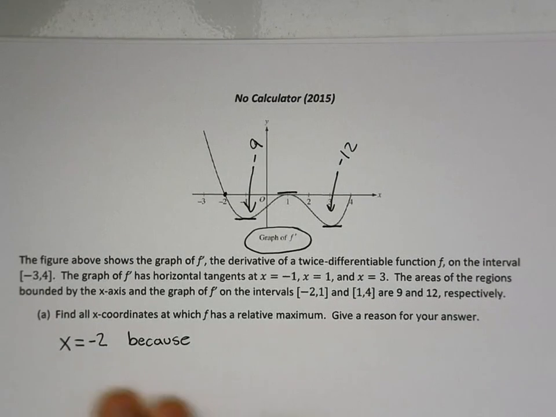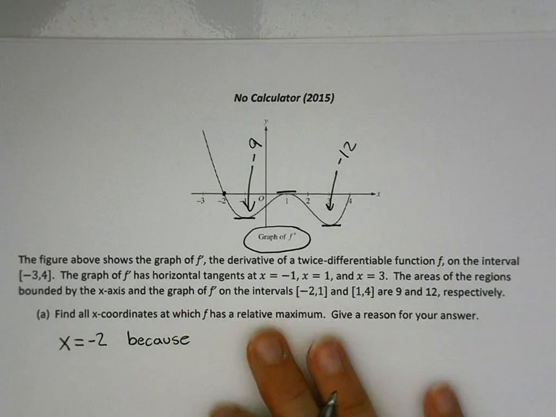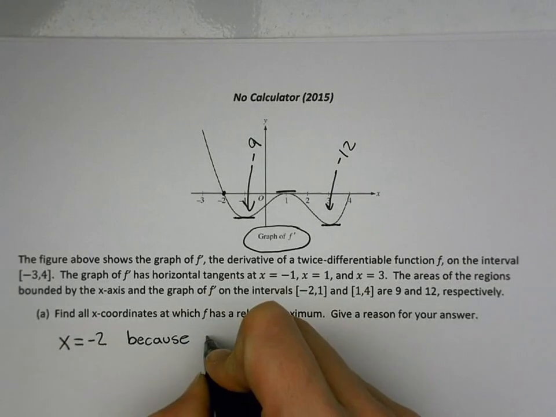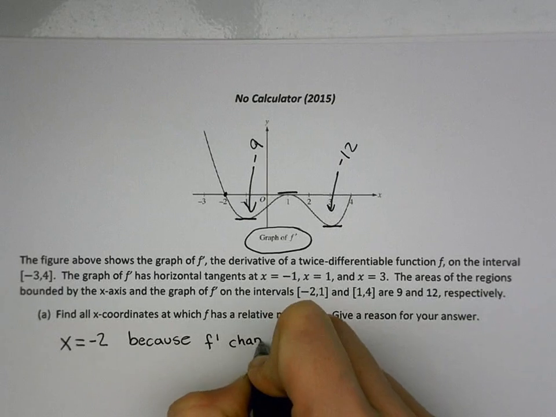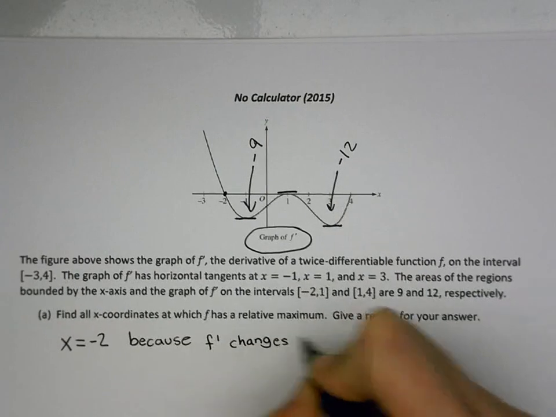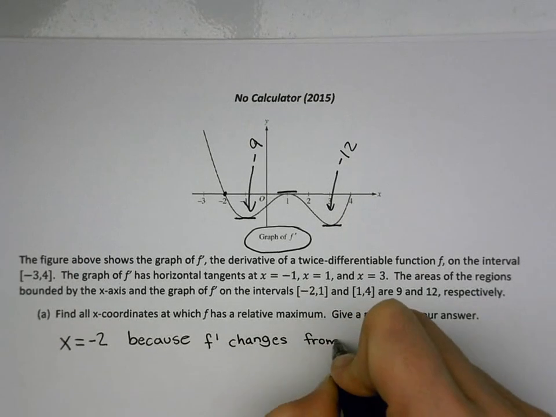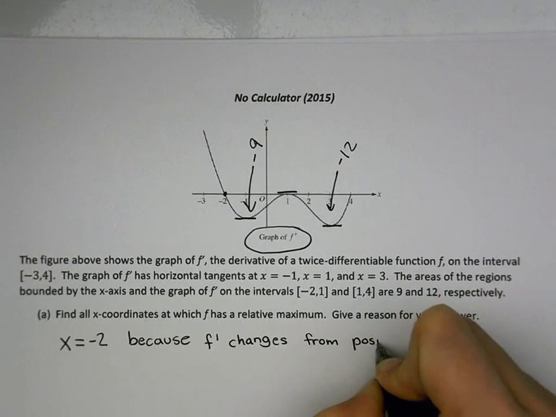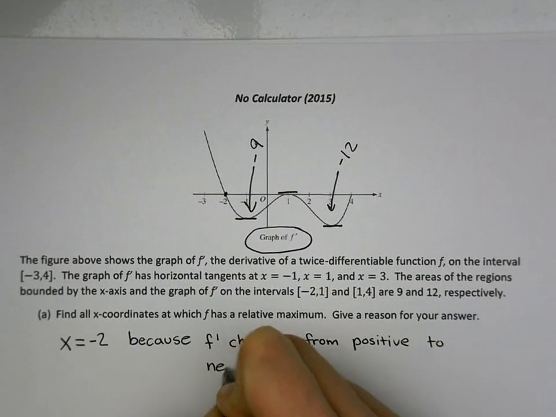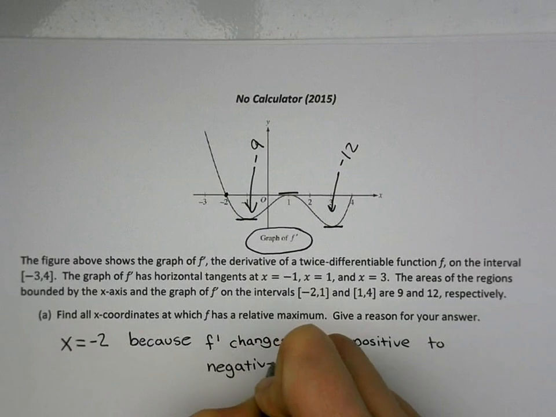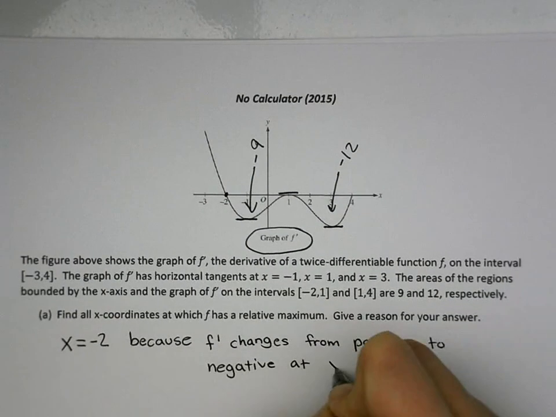Okay, so x equals -2 because, so why is that where f has a relative maximum? Because f prime changes from positive to negative at x equals -2.